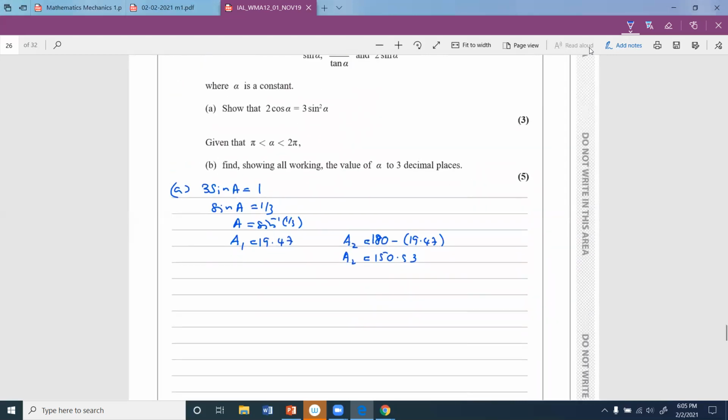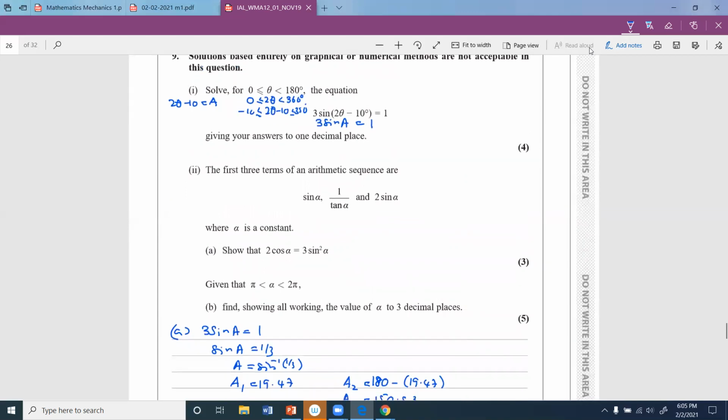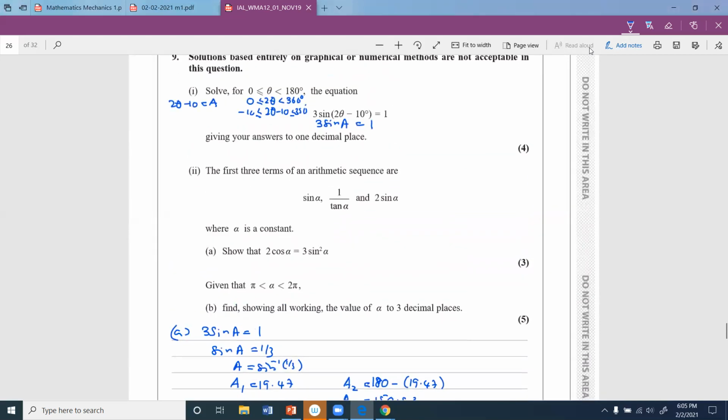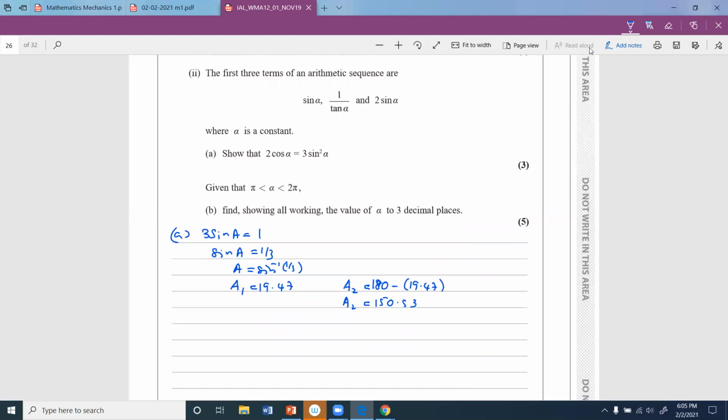But we need the solutions for theta, not for A, because we just took A as 2 theta minus 10. So you can write this way: 2 theta minus 10 equals 19.47. Therefore, theta is equal to how much? 19.47 plus 10 divided by 2. From here, you can get the first angle.